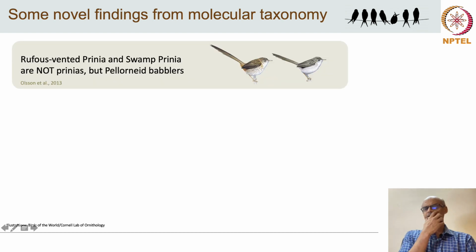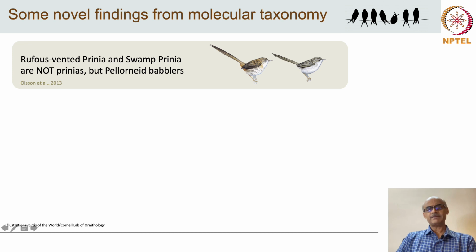Then Prinias. See, Prinias are another group of insectivorous passerines with a very long tail, with a black and white tip on the tail, and Prinias generally reside in shrubs and grasslands and reeds. So there were two Prinias, the rufous-vented Prinia in the Indus plains and the swamp Prinia in the Assam plains, the Brahmaputra flood plains.